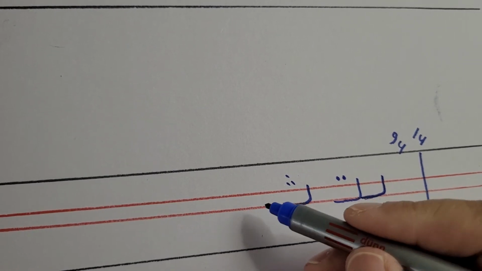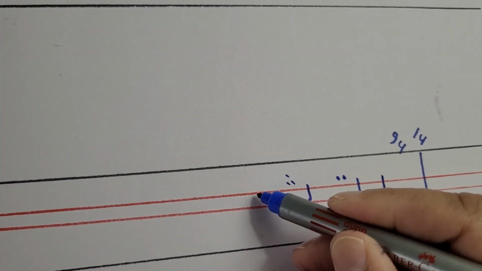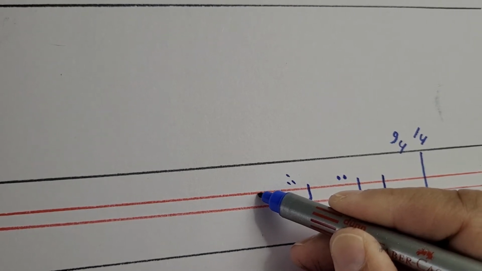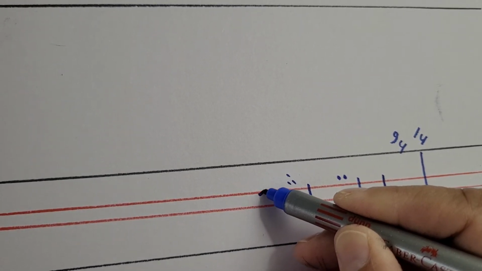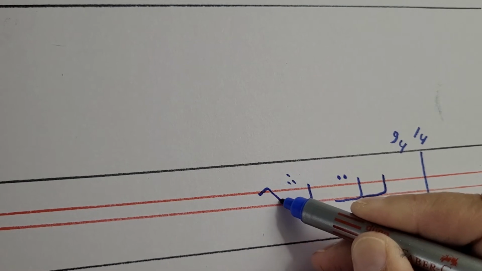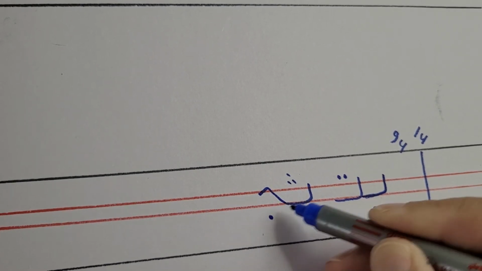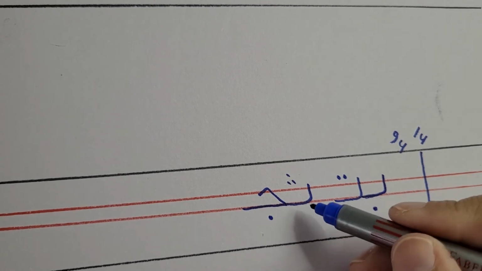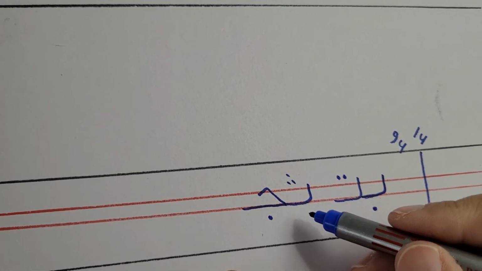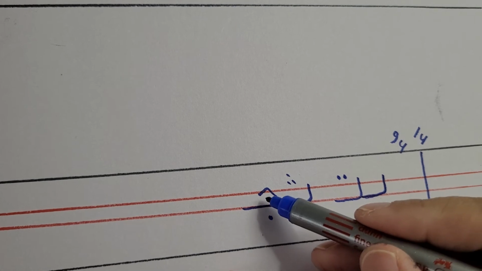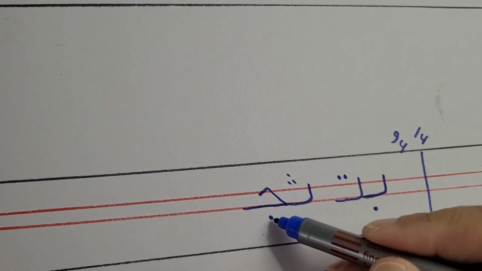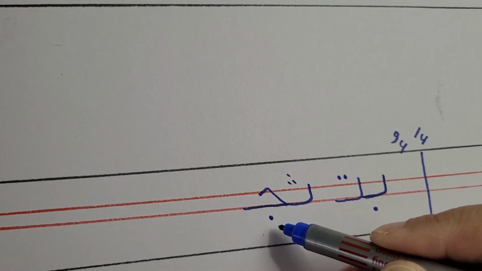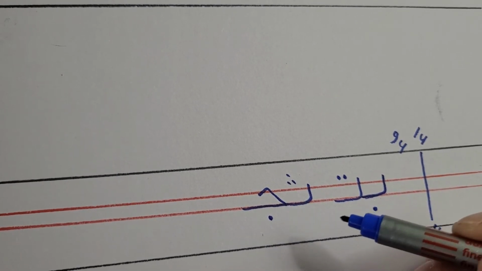Now letter Jim, we said it's like a mountain with a rock down. Remember when I gave you a tip to remember the Jim? It looks like a mountain with a small rock in the bottom, down the mountain.